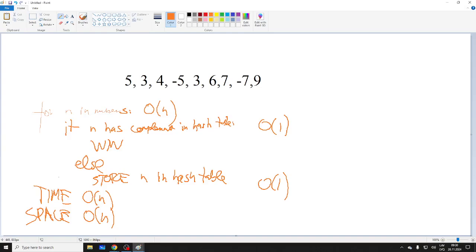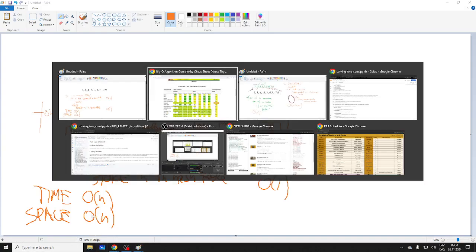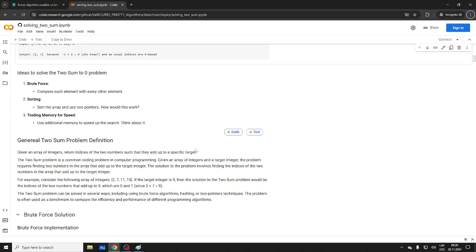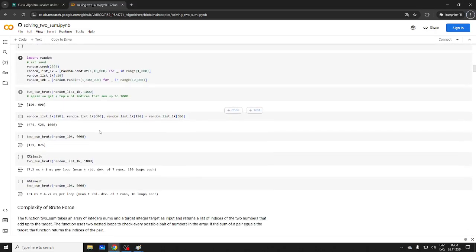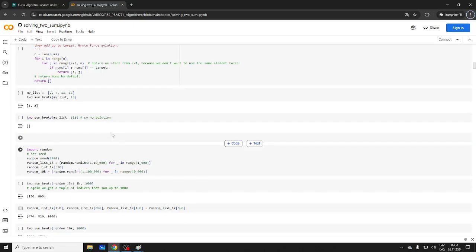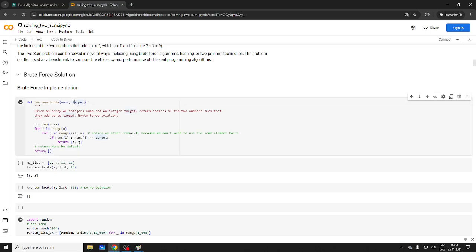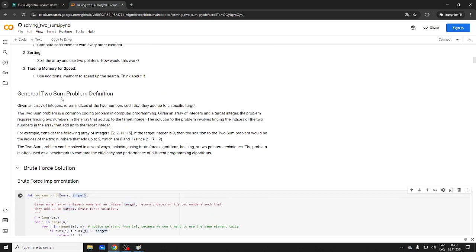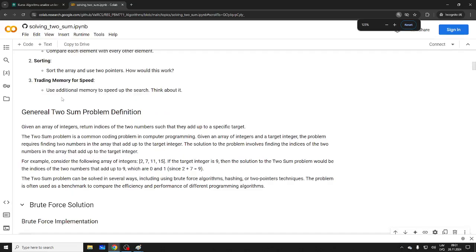Okay, so this is the zero sum problem, the easier problem. Usually this problem is given as a general problem: brute force, two pointers, target. Given an array of integers, return the indices of two numbers so that they add up to a specific target.